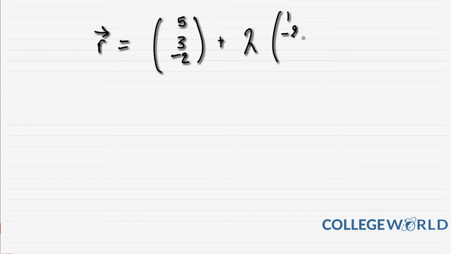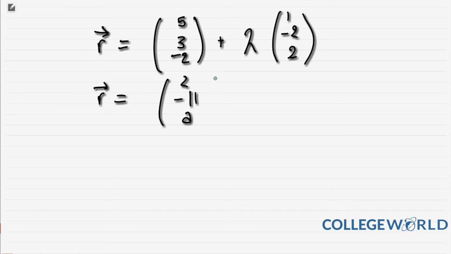And then our second line is (2, -11, a), an unknown a here, plus mu, which is also a parameter, a constant like t, like s, and here we have (-3, -4, 5).